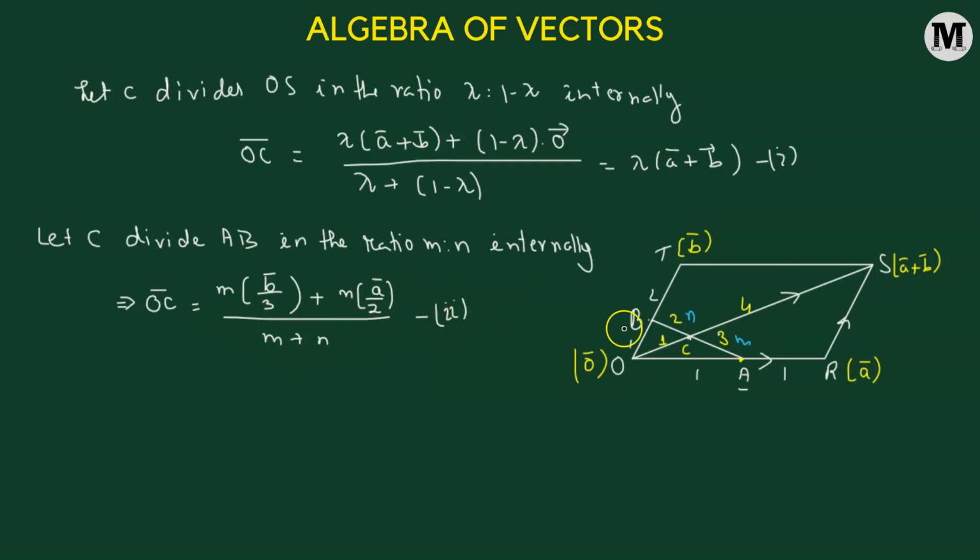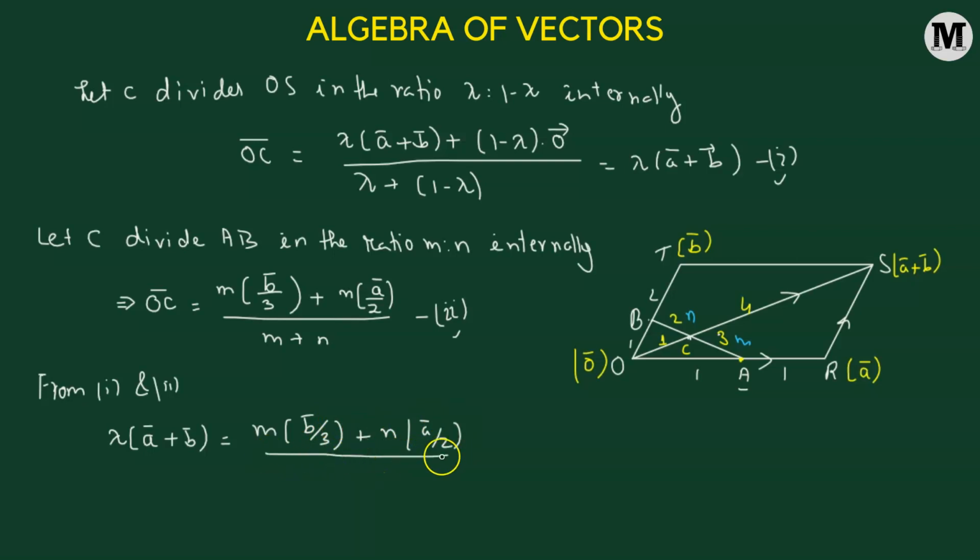Now since AB and OS intersect each other at point C, we can say that C is the common point. In other words, from equation 1 and equation 2, we have lambda multiplied by (A vector plus B vector) equals m times B vector over 3 added to n times A vector over 2, whole divided by m plus n.